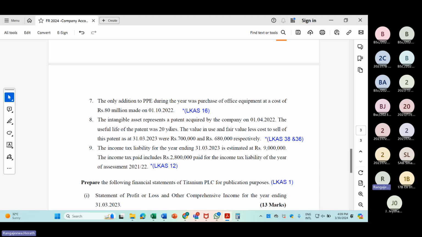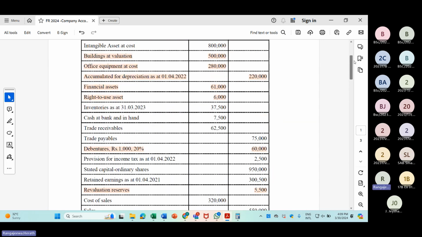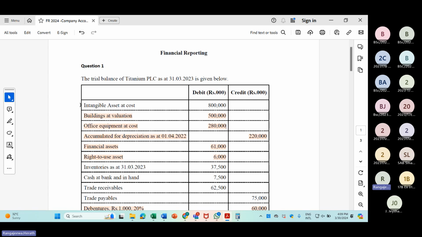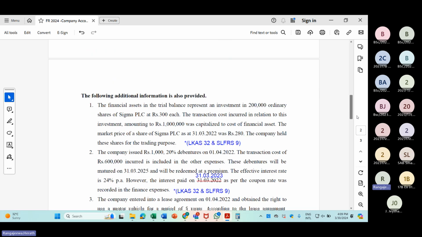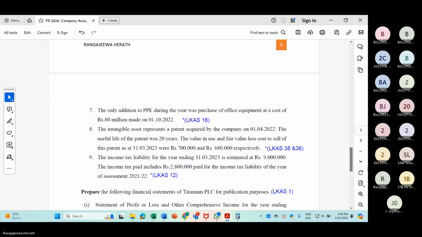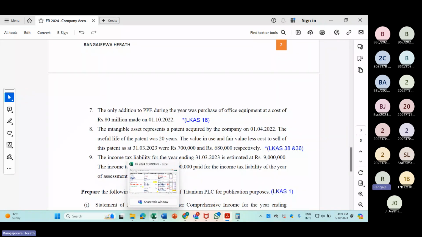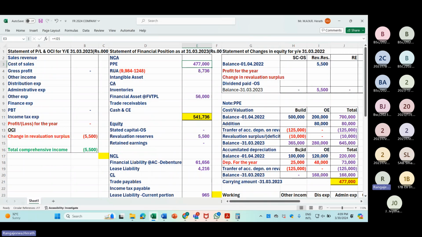The useful life is 20 years. The patent acquired is an intangible asset of 800,000. So 800,000 divided by 20 years gives you the amortization of intangible asset.